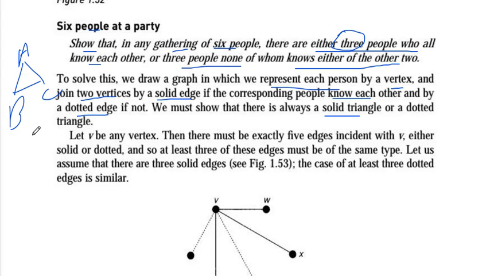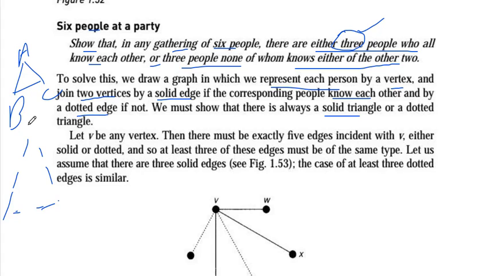They said that 3 people know each other, meaning in the graph there is one solid triangle, or 3 people none of whom knows either of the other 2. So it is either a solid triangle or a dotted triangle, and then this theory is going to be true.